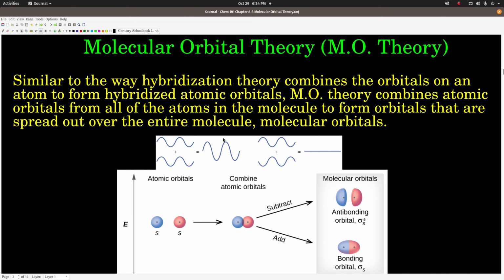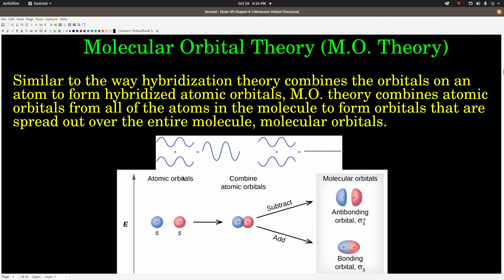And just to remind you, when we say combine orbitals, we're really saying we're adding or subtracting them. And we're not going to do the math. We get to just look at pictures. But what happens is, remember, electrons act as waves, and this is them exhibiting some of their wave-like behavior.